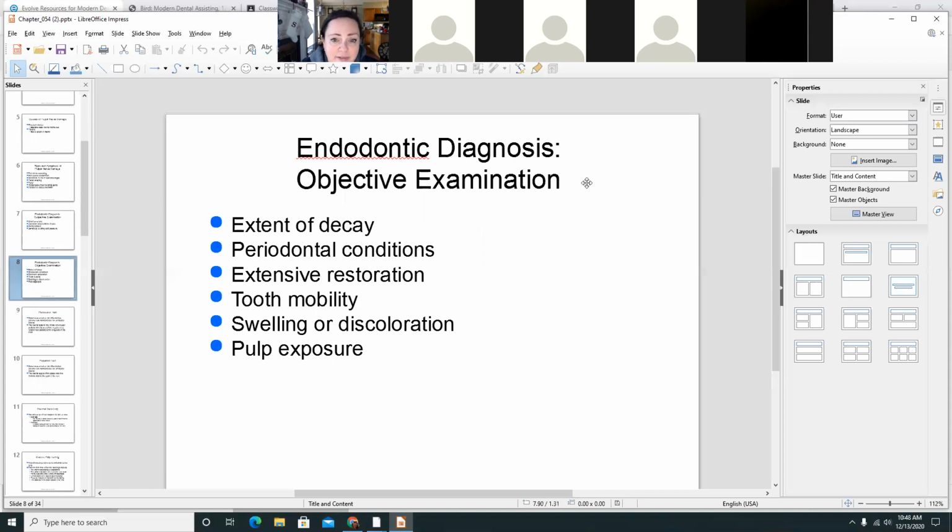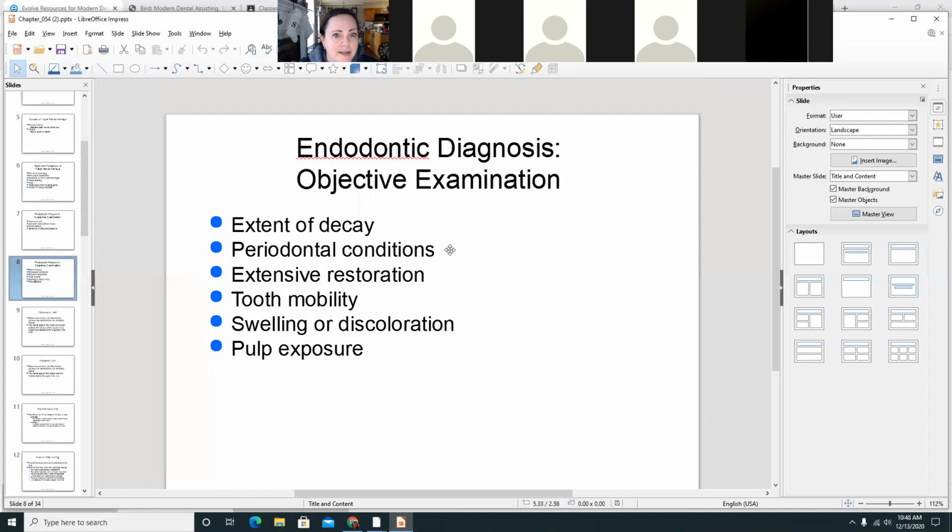Okay, objective examination. This would mean after we take the x-ray, or when we look at all of our information, not just inside the mouth with our eyes, the extent of decay. If we take an x-ray and the decay goes down to the pulp or is right near the pulp, we know, hey, that probably needs a root canal, right?